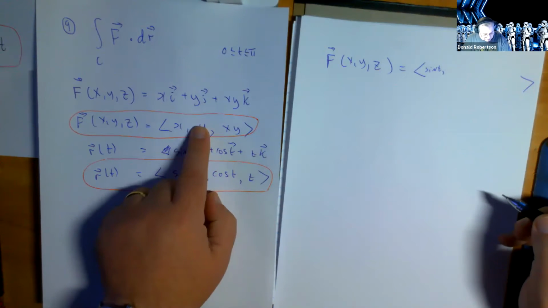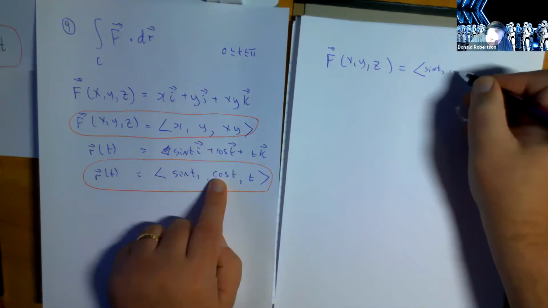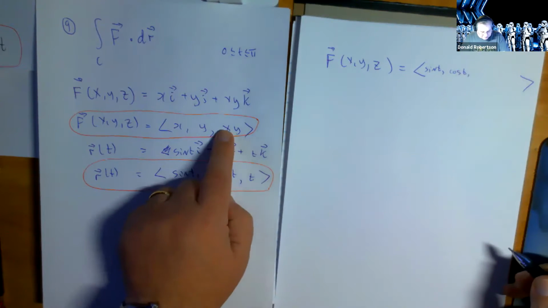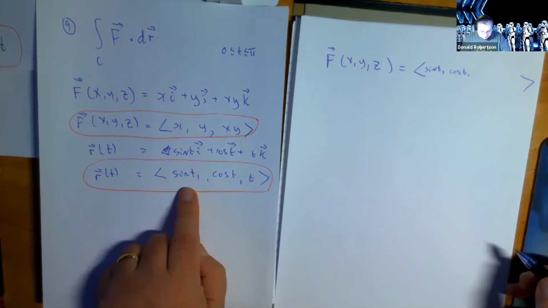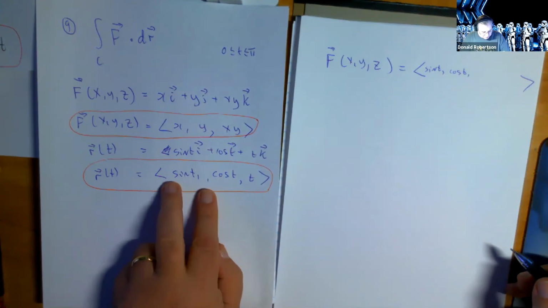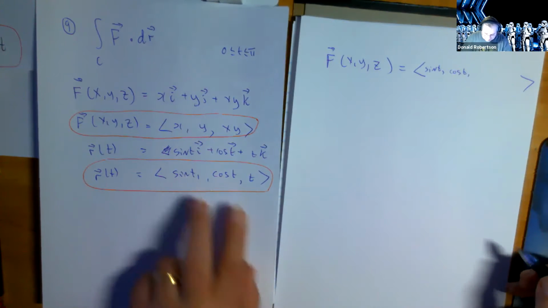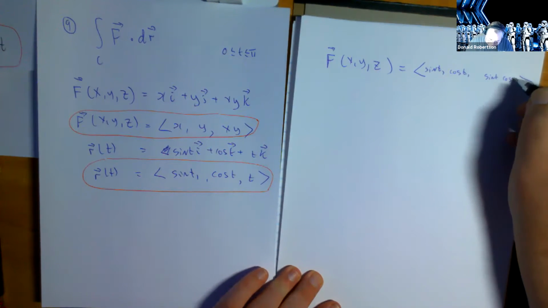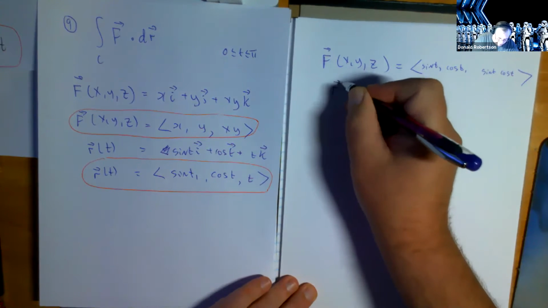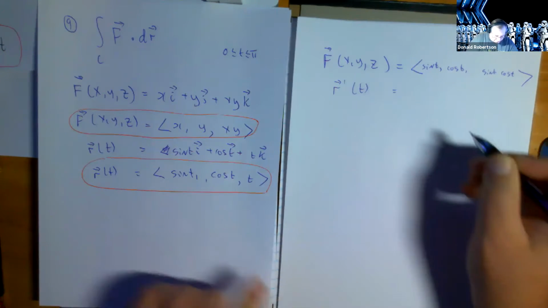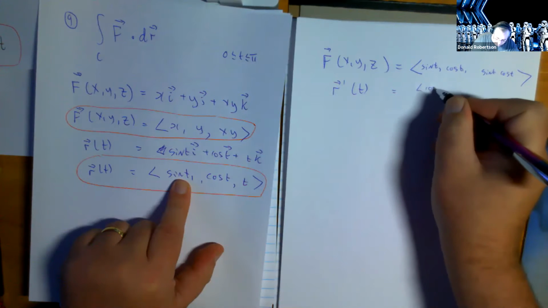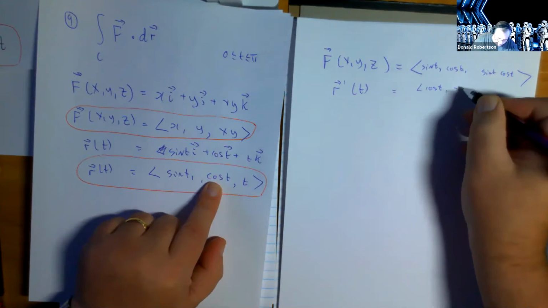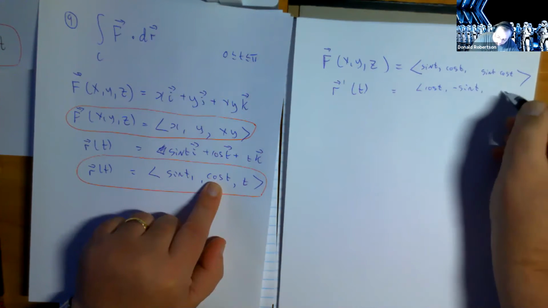This is y, which means it's cosine t. And this is xy, which means it's sine t times cosine t. R dashed of t is going to be cosine t, negative sine t, and 1.